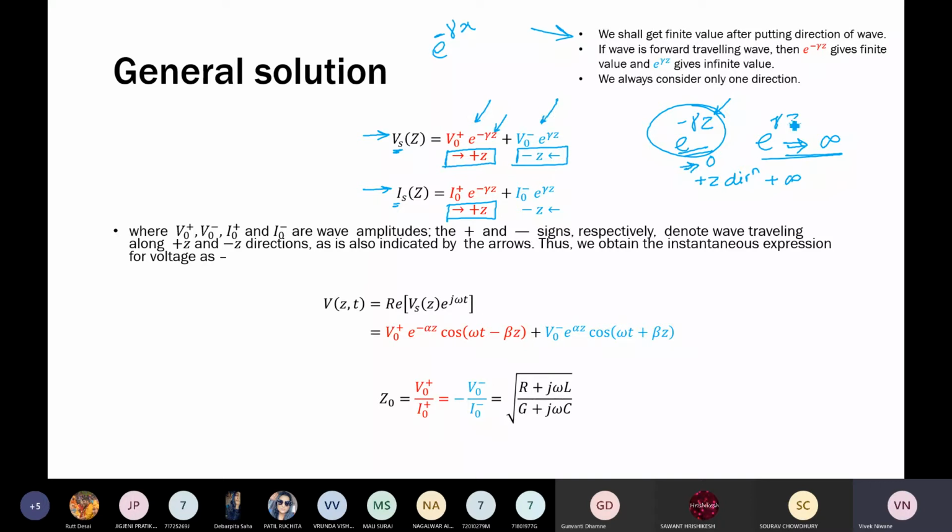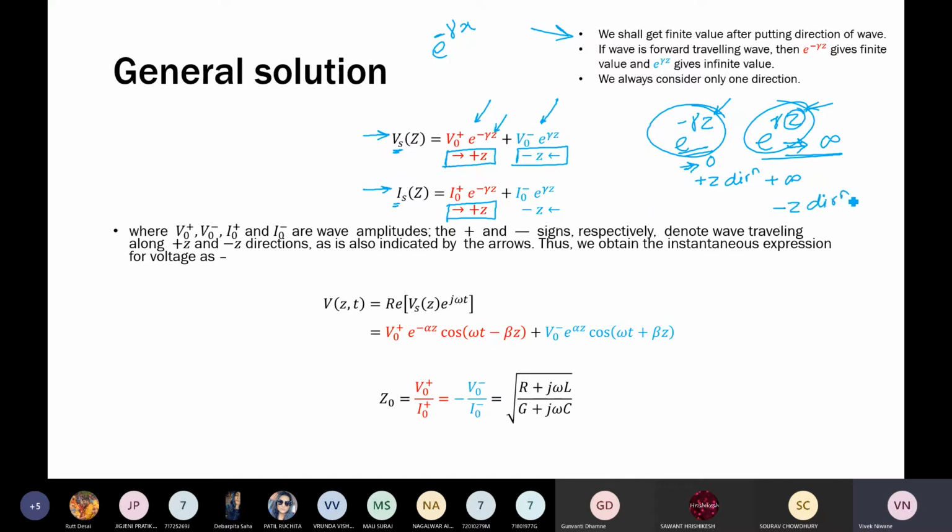Then what will this term indicate? This term will indicate the wave is traveling in the negative z direction, because e raised to gamma z represents the negative z direction.